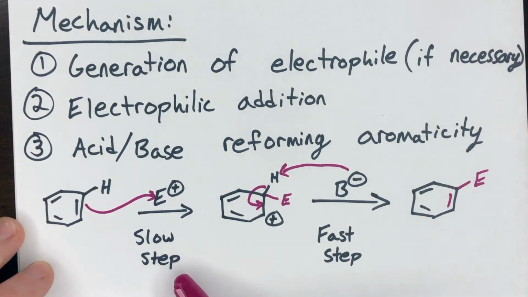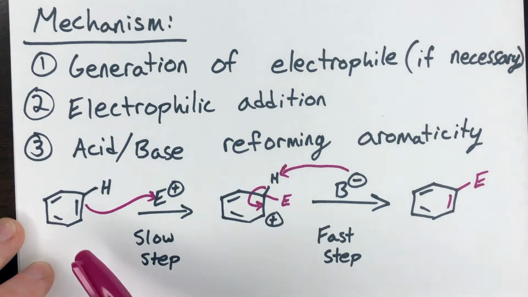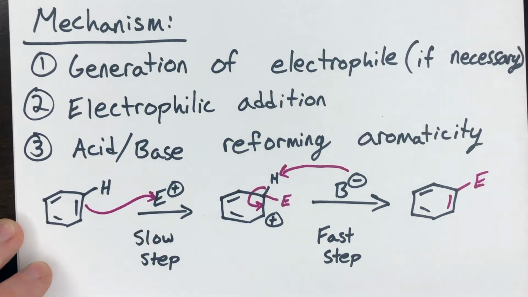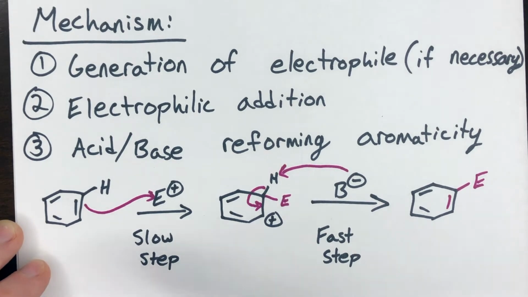Now, this is the slow step because it breaks the aromaticity of the benzene, the aromatic ring that we start with. This is very unfavorable. There are many ways that you can help this step along to make it feasible for reactions, but this is always a slow step in any case. Additionally, it's important to note that there is resonance stabilization by these conjugated double bonds here.